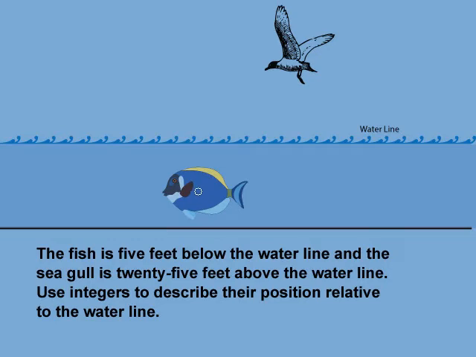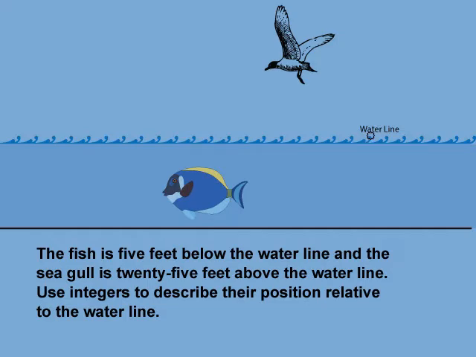The fish is 5 feet below the water, and the seagull is 25 feet above the waterline. Use integers to describe their position relative to the waterline. You saw in the previous example that integers can be used to count certain types of objects.